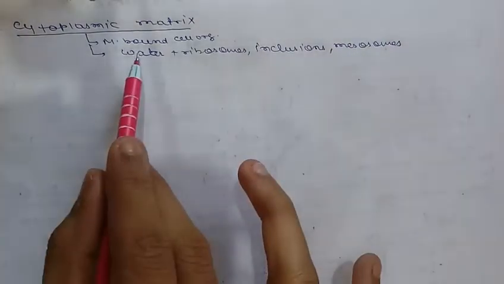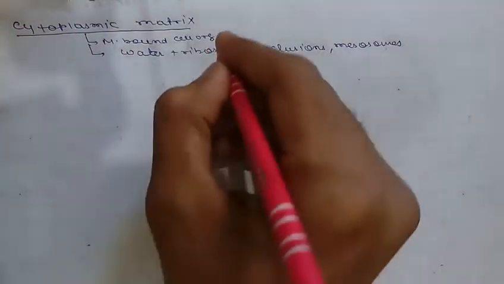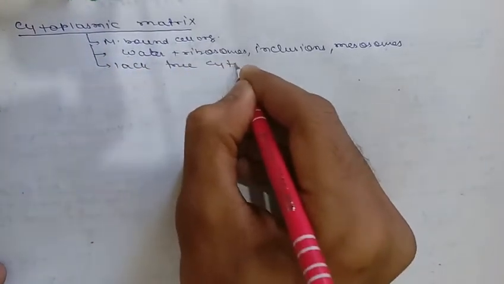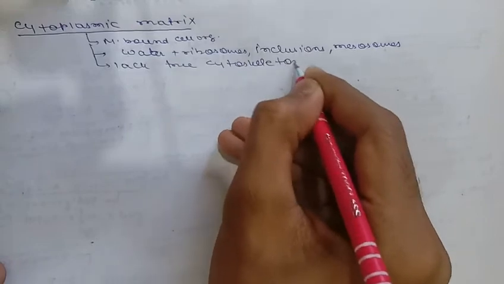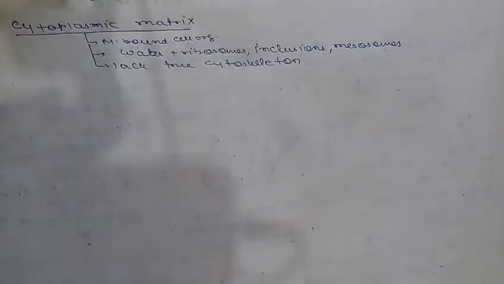So you will find these materials in your bacterial cytoplasm. It also lacks a true cytoskeleton, but has a cytoskeleton-like system of proteins, though a true cytoskeleton is absent.